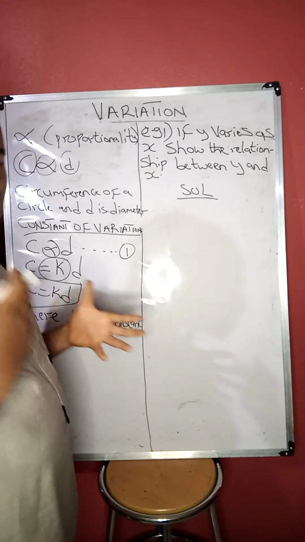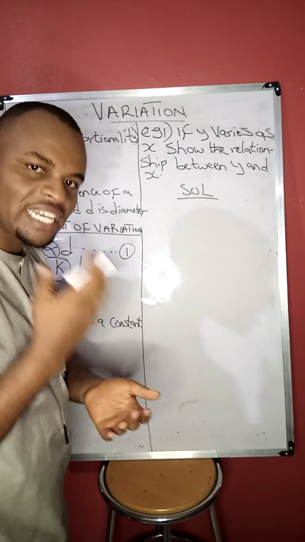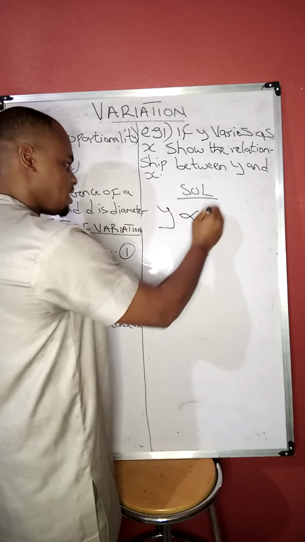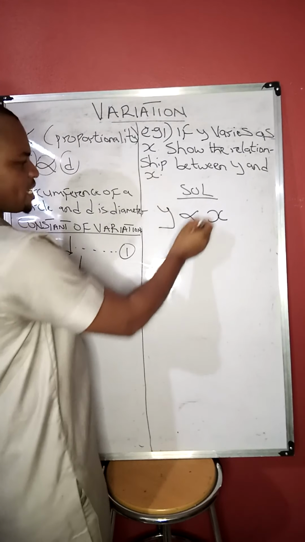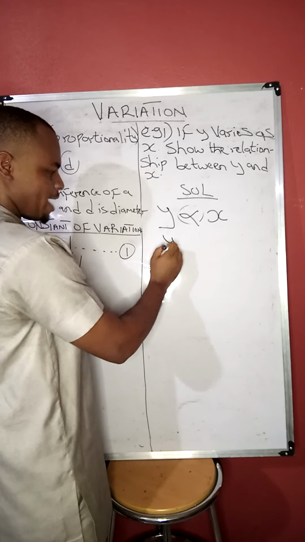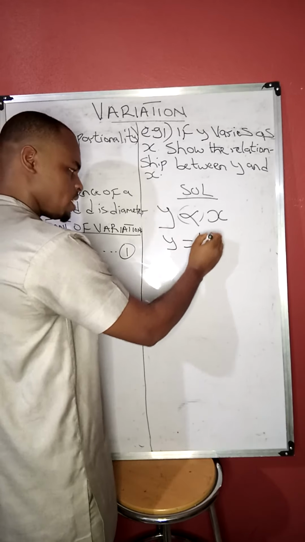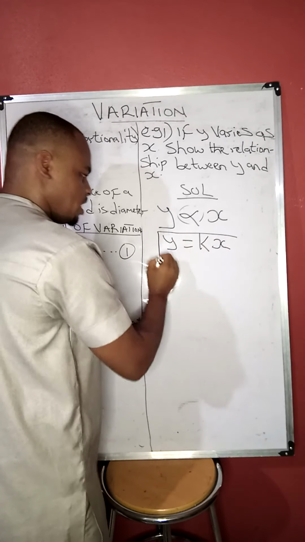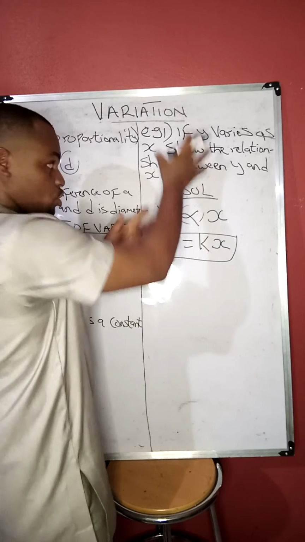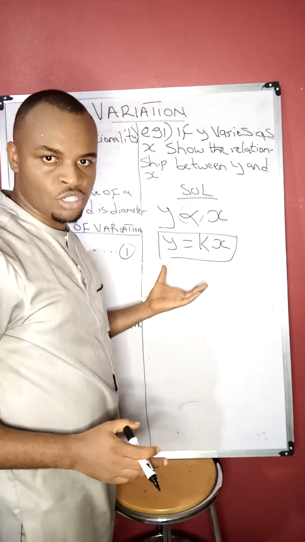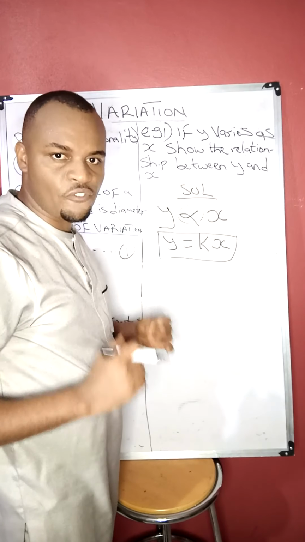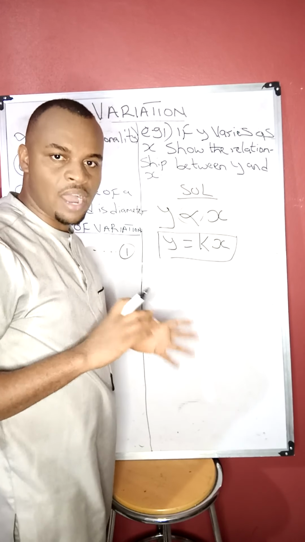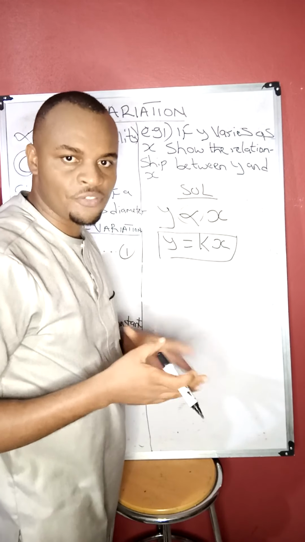They said Y varies as X, means Y varies directly as X. I take away this sign, introduce my equality and a constant, so Y equals KX. So I've shown the relationship between Y and X. This is just what this question is asking us to show. Now we'll be going into further examples where we'll be attaching values to our variables, and then we'll solve the equation.